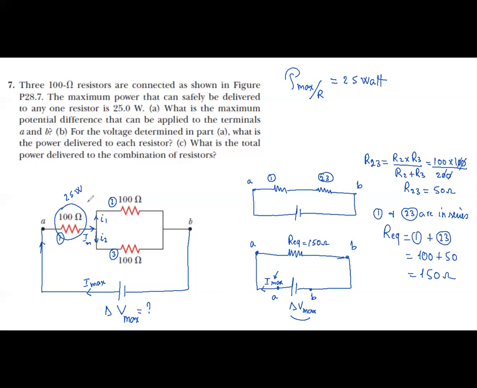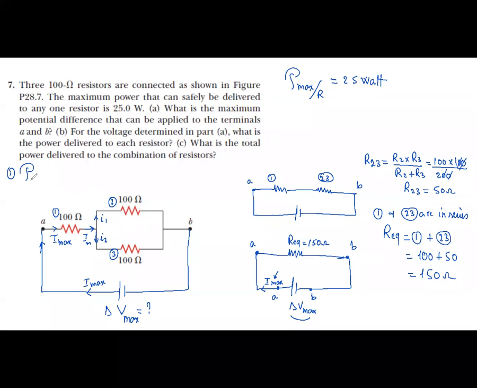For this resistor, I give you P, I have R, so we can calculate I. Here we take resistance 1.